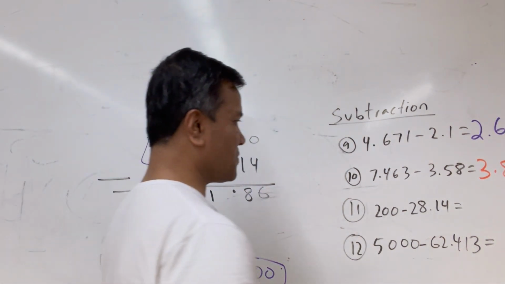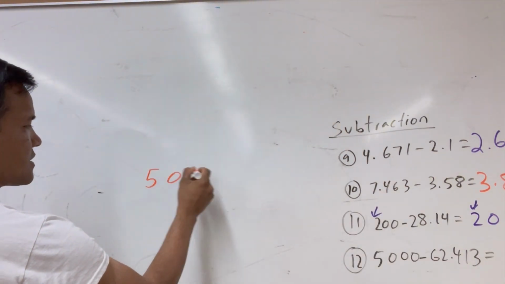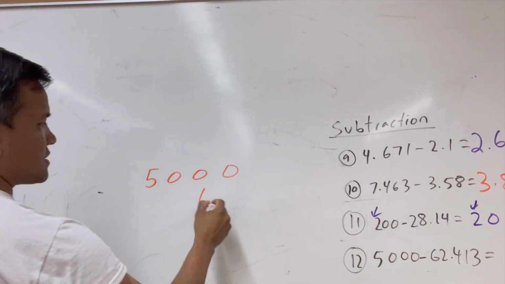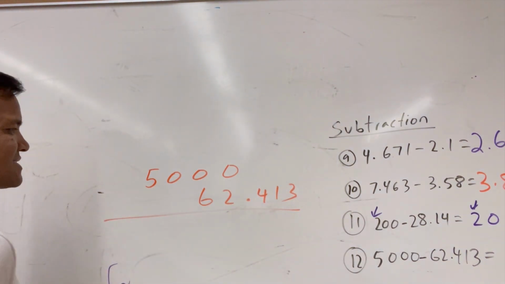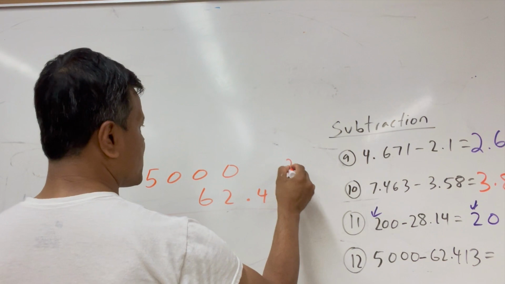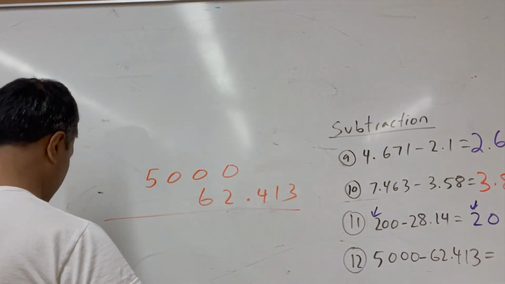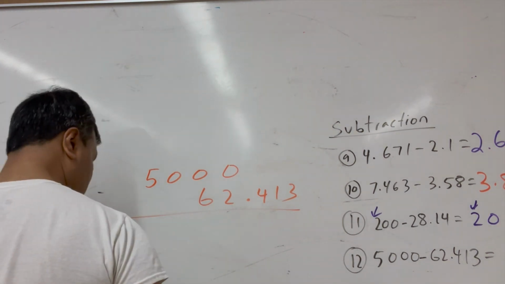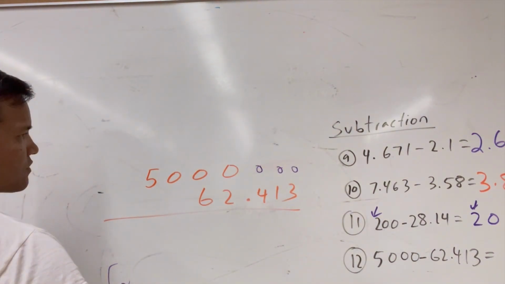So again, 200. 62.413. You're going to do it business as usual. So put 0, 0, 0, imaginary 0, use a different color. So 0, 0, 0. All right, imaginary 0.